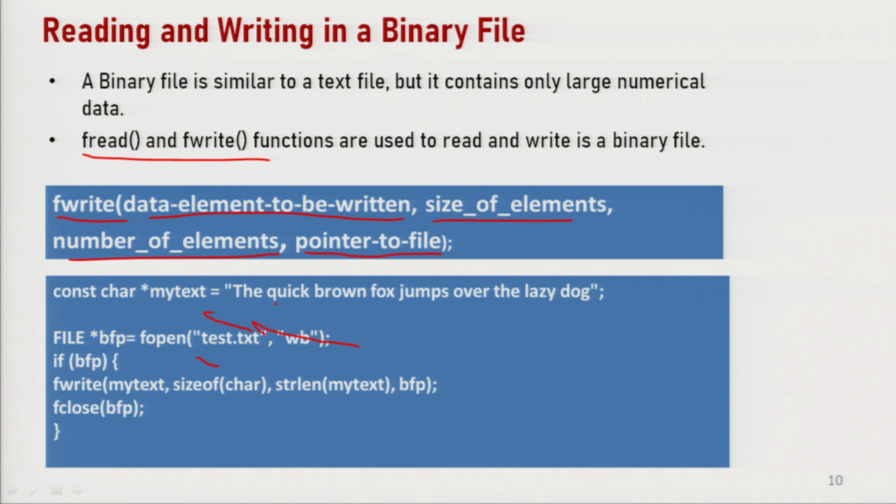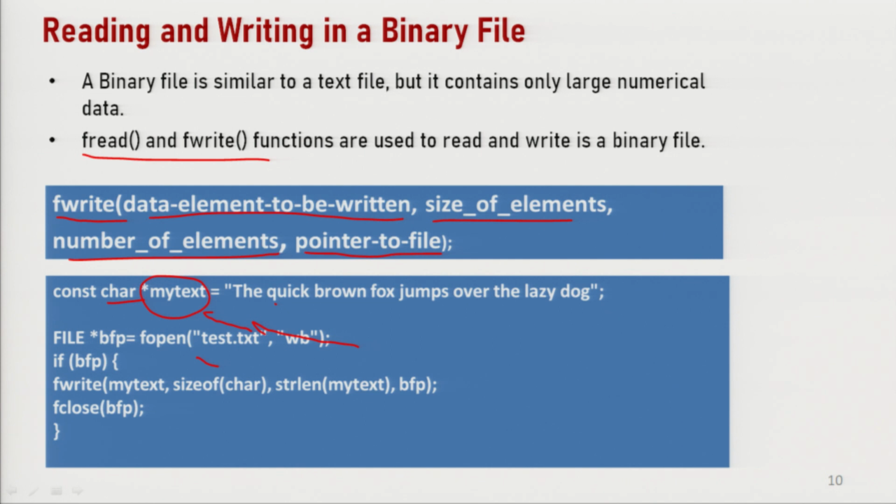Now, just see, it will be explained by the example here. We have declared a pointer variable my_text of type constant character. Basically, this is nothing but a character array, since we are using a pointer, similar to a character array.